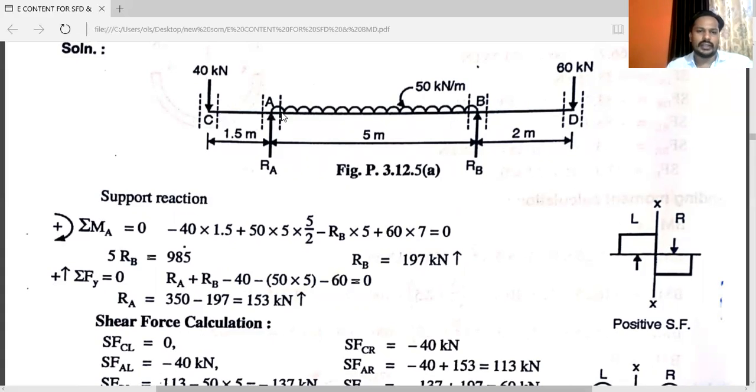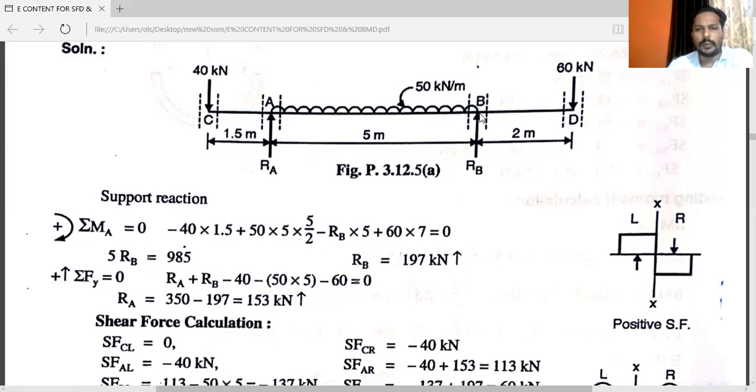Now come to A just to the right. There is minus 40 plus RA. RA, you can consider with the left side forces. So minus 40 plus RA, the value will be minus 40 plus 153, that is 113 kilonewton.